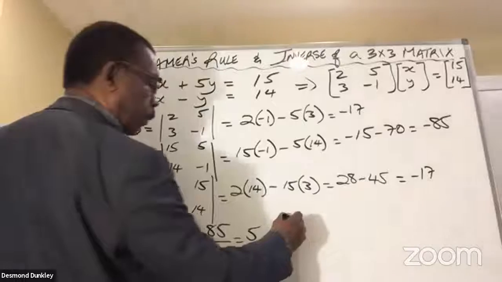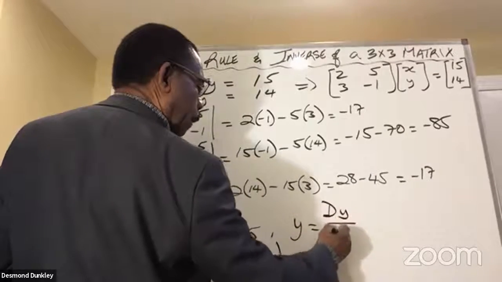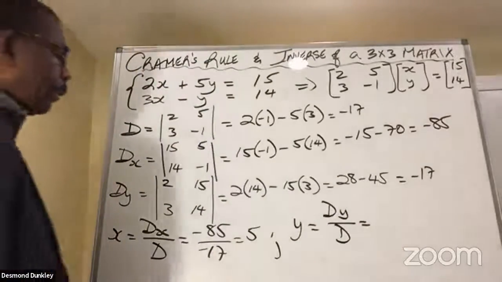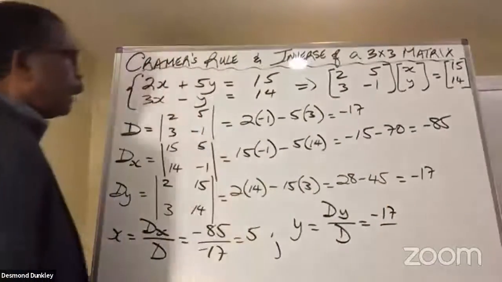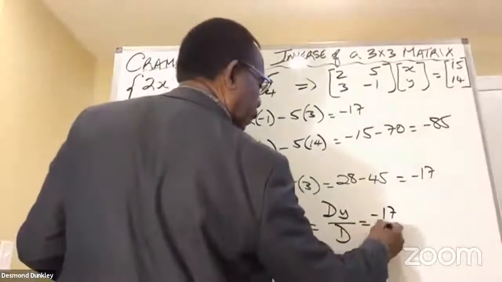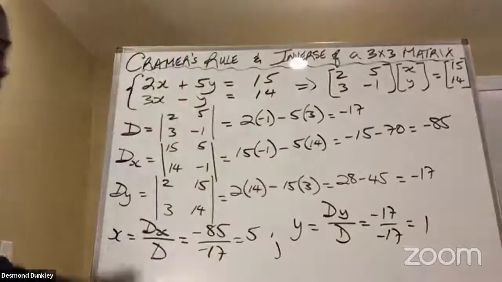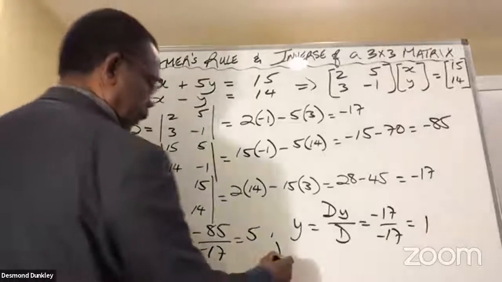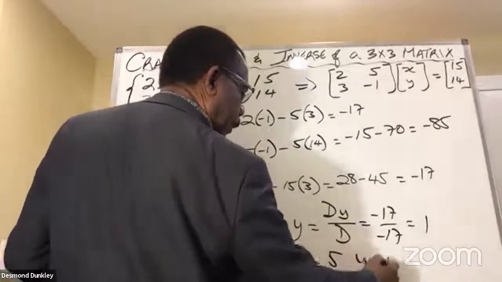According to Cramer's rule, y is equal to dy divided by d. What is dy? It's negative 17. And what is d? Negative 17. And that's equal to 1. So we're seeing that x is equal to 5, y is equal to 1. So we write x equal to 5, y equal to 1.